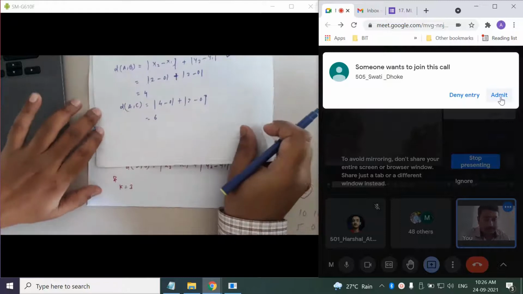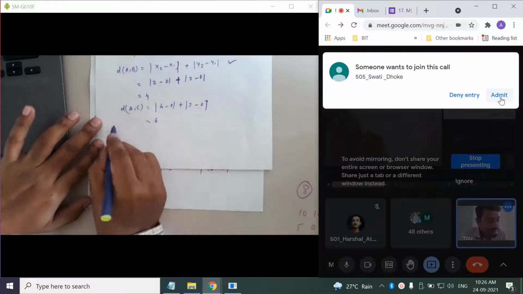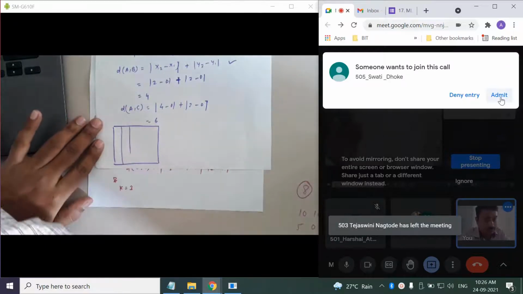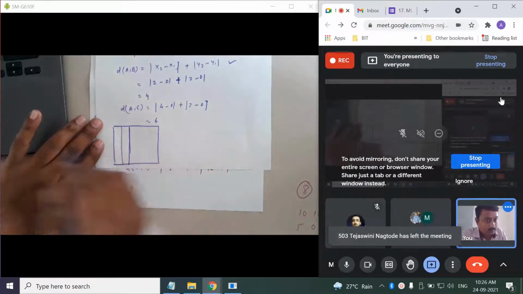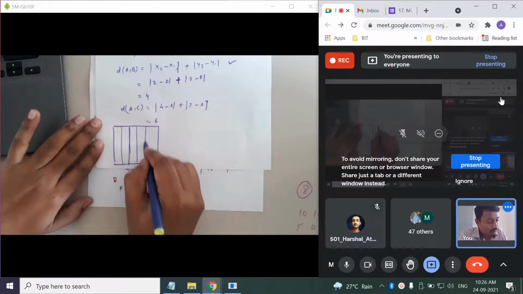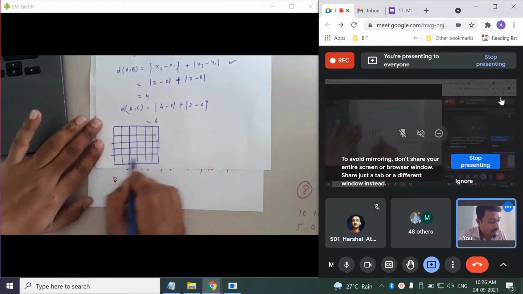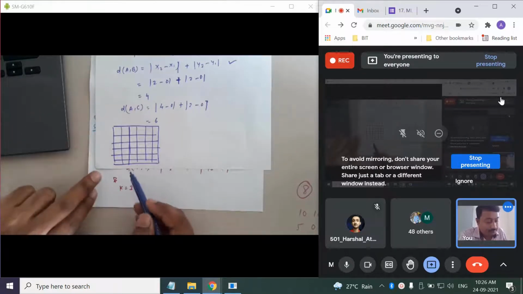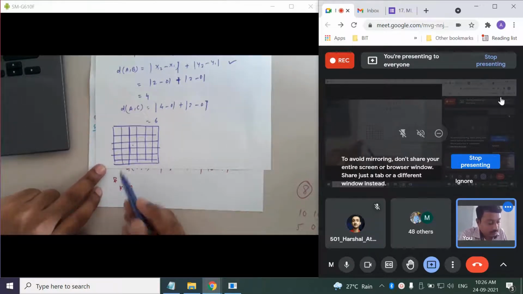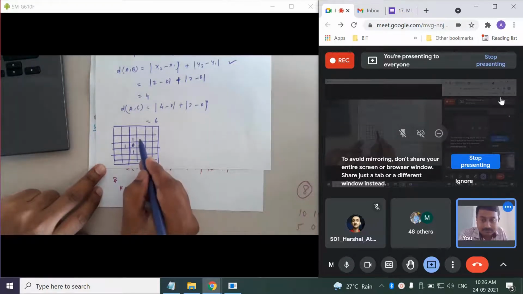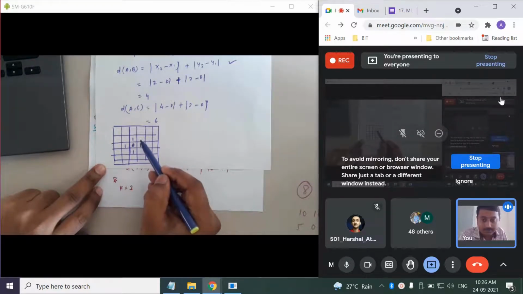If I create a matrix of this, this is my center, its city block distance will be 0, and these will be 1, 1, 1, 1. What about this one? Please reply fast.